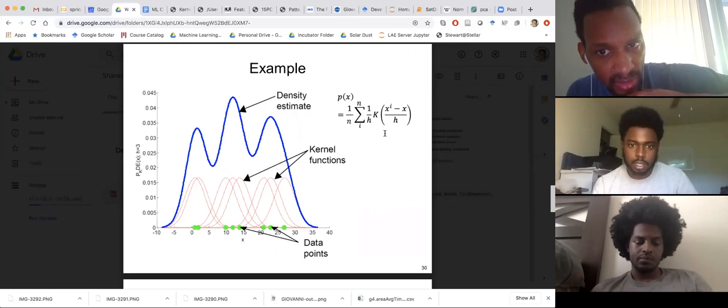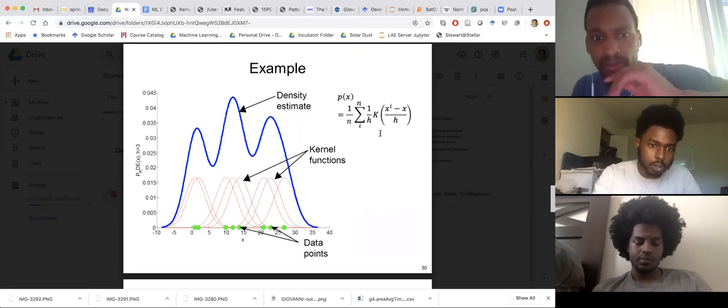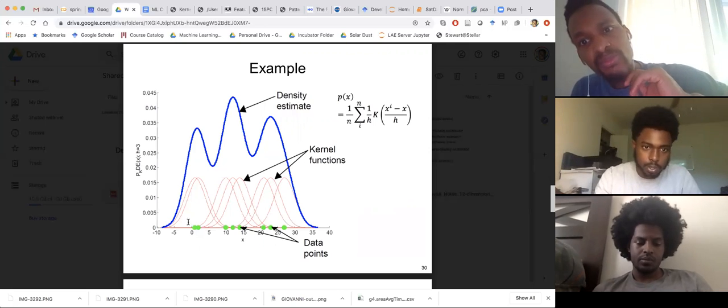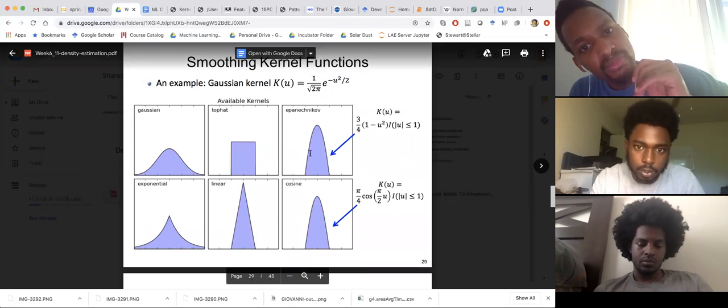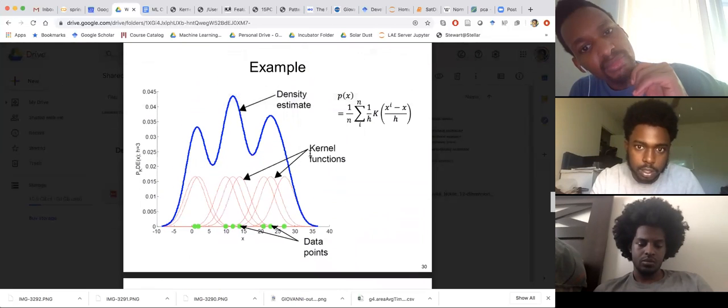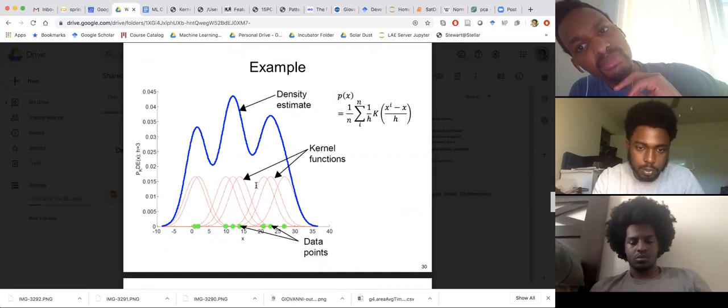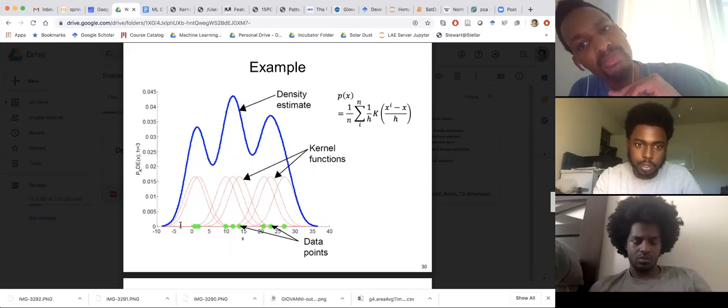And you apply this over each data point. So we're looking at this data point, it gets a Gaussian, in this scenario. Then you look at this one, which is slightly next to it. So you can see all the different kernel functions over each data point with some dimension H across.